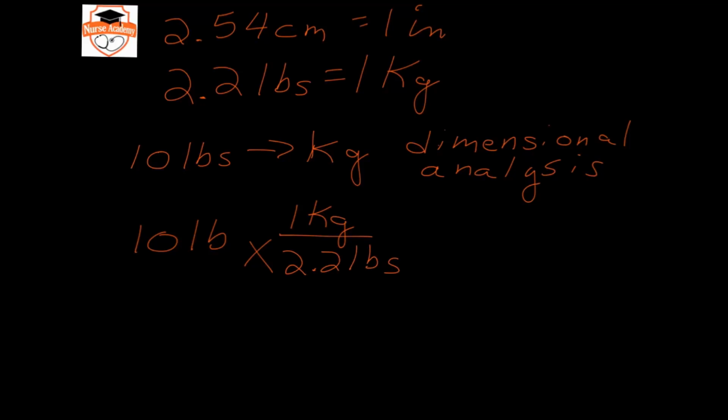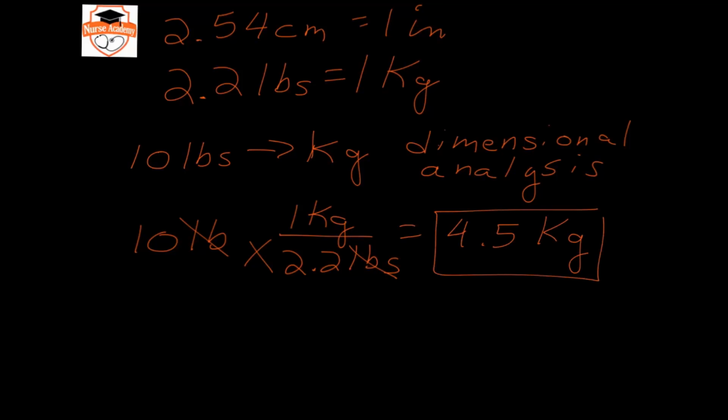And then we can cancel out, just like if you have 3 over 3, they cancel each other out to 1. If you have pounds over pounds, they cancel each other out to no units. And so then we're going to multiply our 10 times 1 and divide it by 2.2. So that would give me 4.5 kilograms. So basically, 10 pounds is 4.5 kilograms.